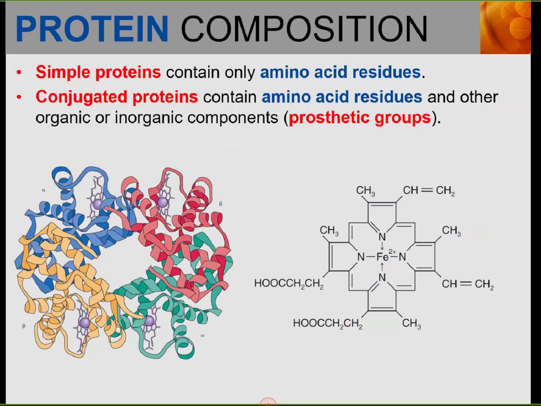The picture on the left is hemoglobin, and it's got 4 heme groups in it. You see 4 of these structures with iron in the middle of it. So these groups that are part of a conjugated protein are called prosthetic groups.